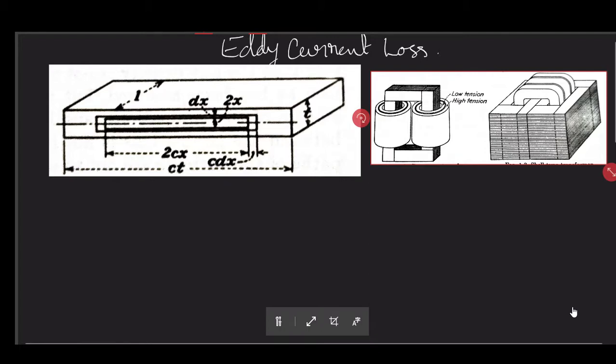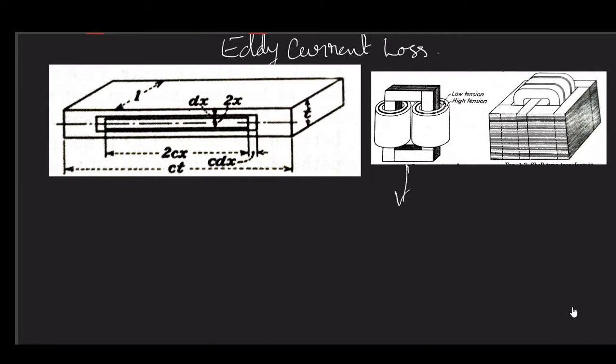If we draw them, for this core-type transformer, it would look like this: one planar sheet, one lamination sheet. Now if you pile all those lamination sheets together, they will form your core.